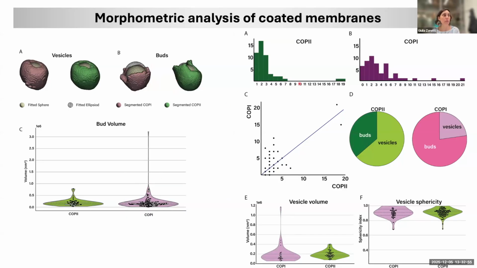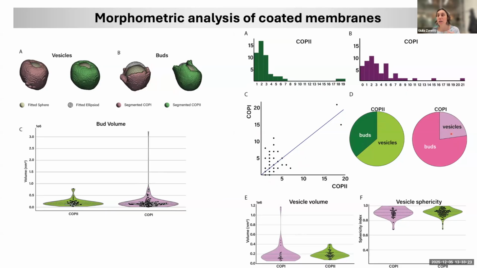So we can count on average how many COP1 and COP2 membranes are at ER exit sites. We can see that their numbers correlate quite well, depending on the size of the ER exit sites. Interestingly, for COP2, we have many more vesicles than buds, whereas for COP1, we have many more buds than vesicles. And that tells us something about the uncoating, probably, of this.